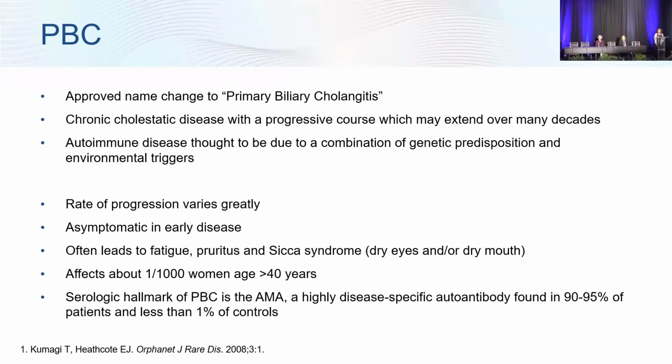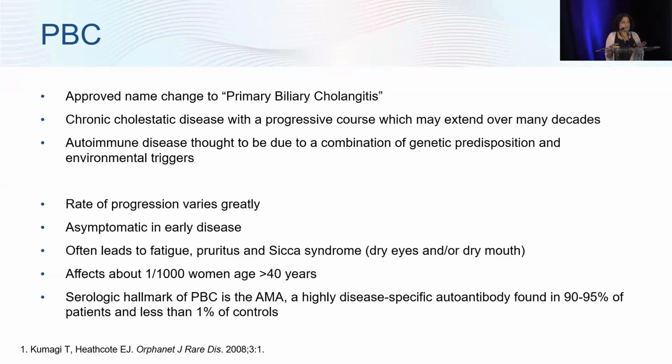This is a disease of the small bile duct. Remember, there is a disease called PSC, that is a disease of the large bile duct. So PBC is the disease of the small bile duct. It has autoimmune as well as genetic and environmental factors leading to this disease. The rate of progression varies very much.